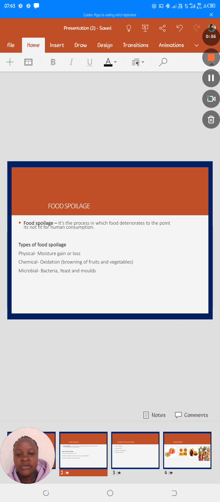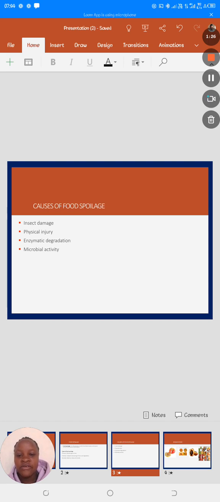In chemical food spoilage, we can see oxidation taking place, that is browning of fruits and vegetables. For example, an apple, when you expose an apple to air, it starts browning. In microbial food spoilage, we have bacteria, yeast, and molds acting on the food.